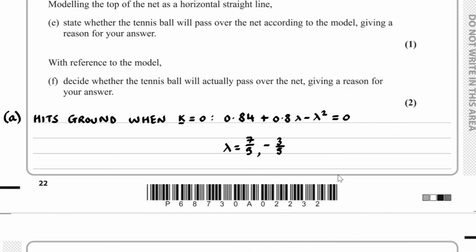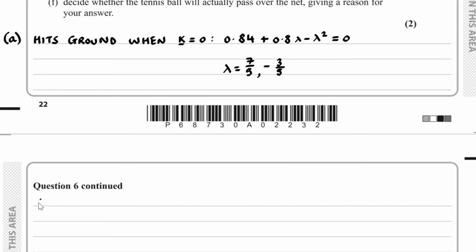And so therefore, what we can conclude is lambda equals 7/5 only. And that's because lambda is greater or equal to 0.